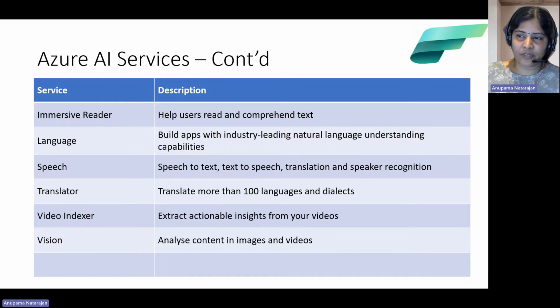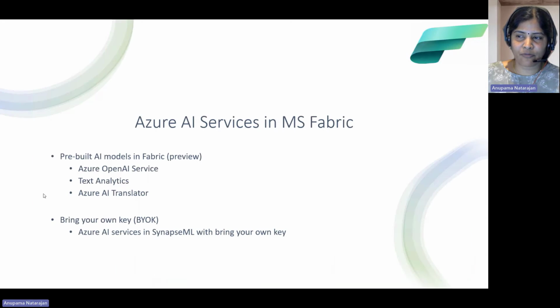So you have a variety of services, right? But which of these AI services can I pretty much use in Microsoft Fabric? Of all the AI services that you saw on my previous screen, maybe a handful of services, only three services are available currently. The first is the Azure OpenAI service, as you all know, because everyone talks about OpenAI these days.